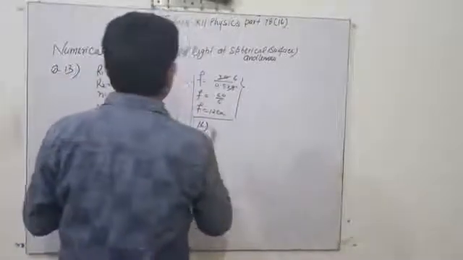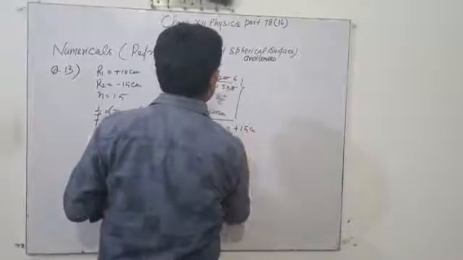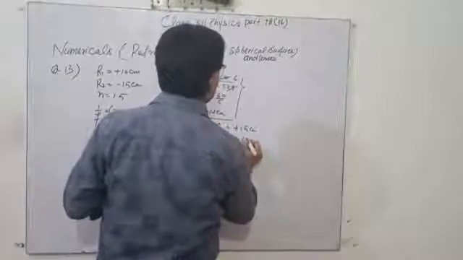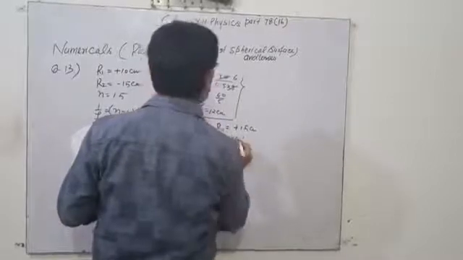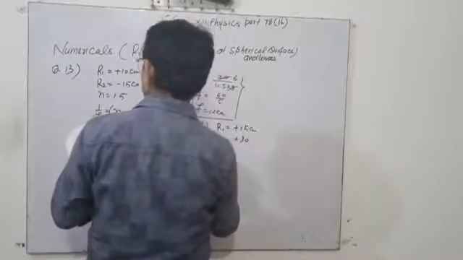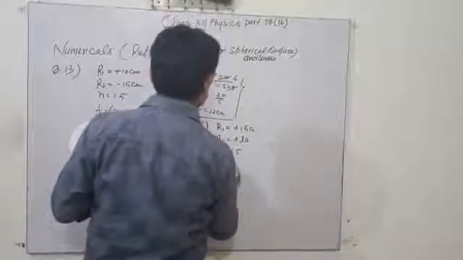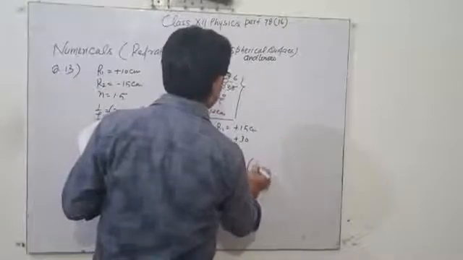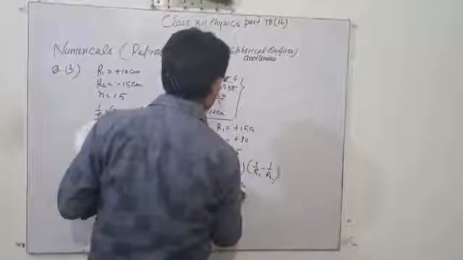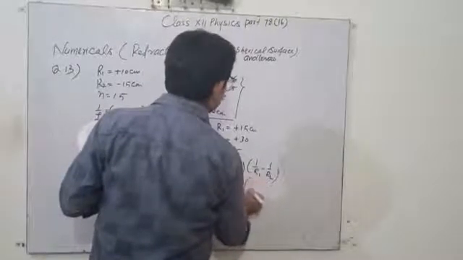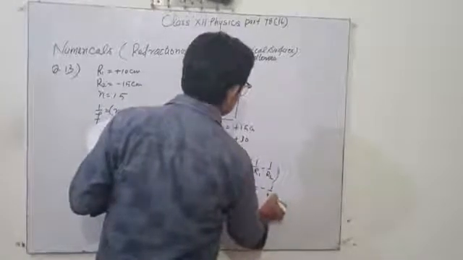Here R1 equals plus 15 centimeter, R2 equals also 15, and the given value here is 30 centimeter. The refractive index of the material is given as 1.5, so 1 by f equals (n minus 1) times (1 by R1 minus 1 by R2). This is 1.5 minus 1, times (1 by 15 minus 1 by plus 30).